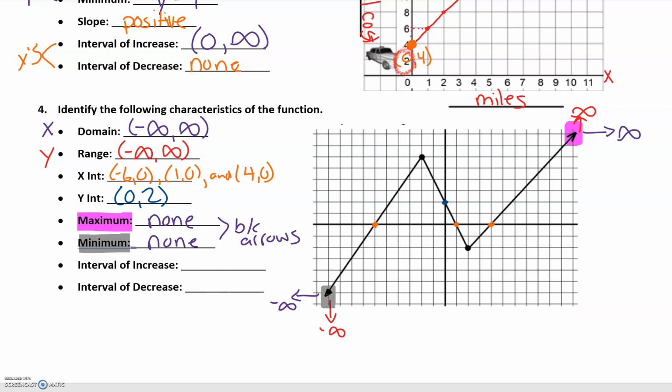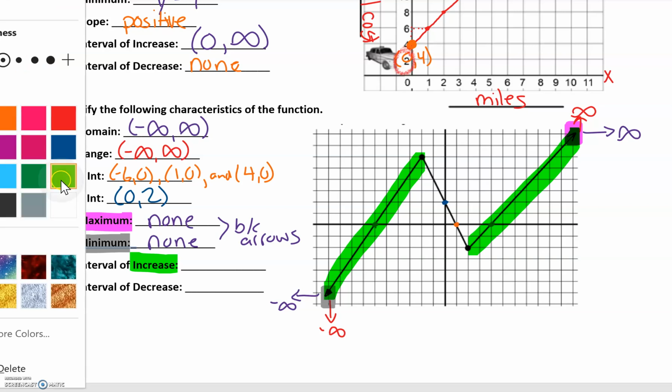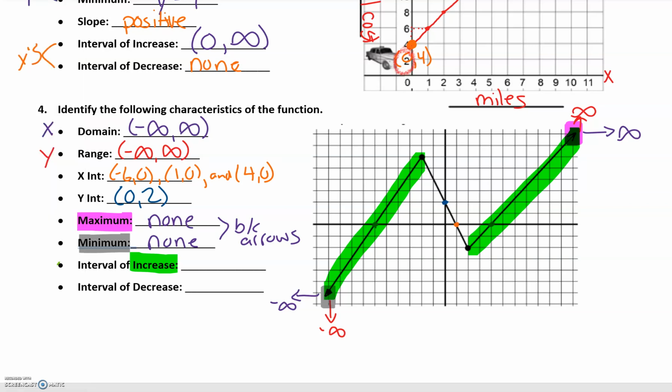Okay. Now, let's talk about the interval of increase and decrease, because there's a couple of things you need to make sure you understand about this. This function has more than one piece that's increasing. This piece here is increasing, and this piece here is increasing. So, just to make sure you guys see what that looks like. It's increasing, remember these are the x's where it's increasing.